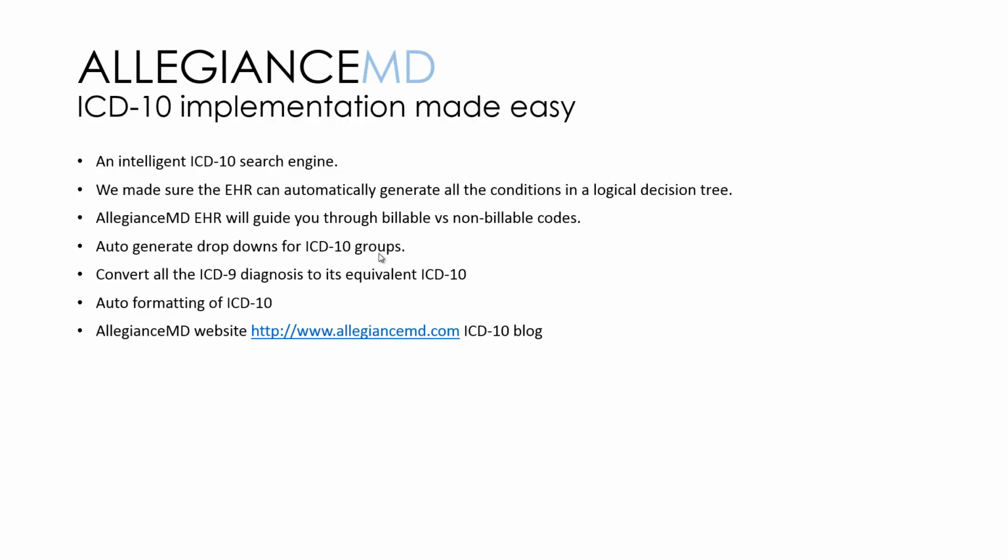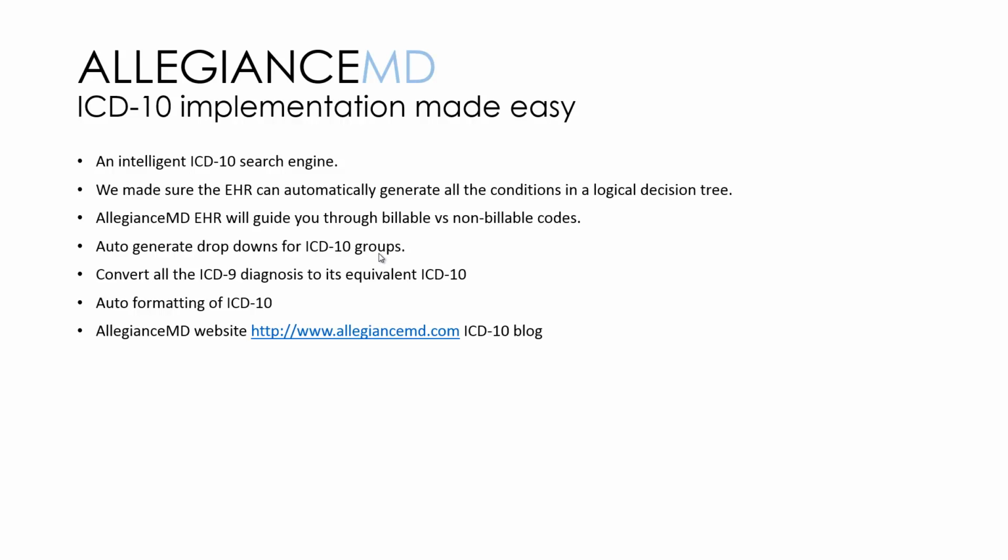Okay, so Allegiance MD ICD-10 implementation, we made it very easy for you. You have an intelligent ICD-10 search engine. We made sure that the EHR can automatically generate all the conditions in a logical decision tree for you. The Allegiance MD EHR will guide you through billable versus non-billable codes, auto-generate drop-downs for ICD-10 groups, and convert all your ICD-9 diagnoses to their equivalent ICD-10.